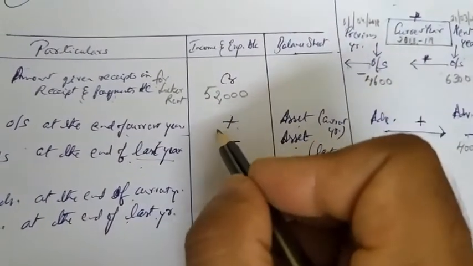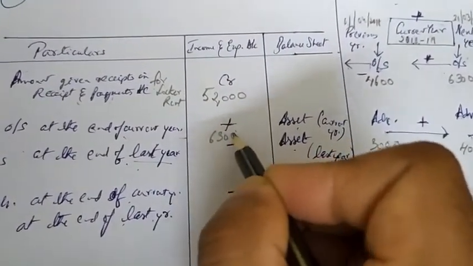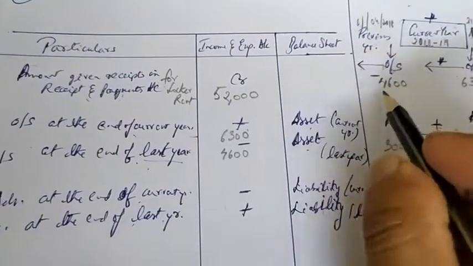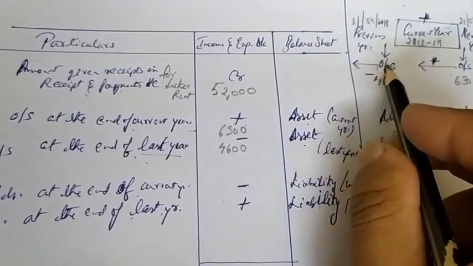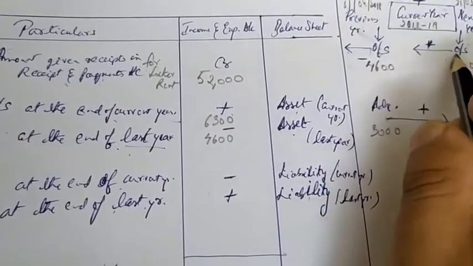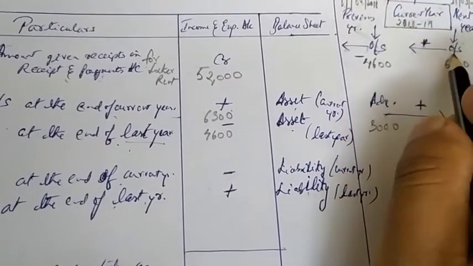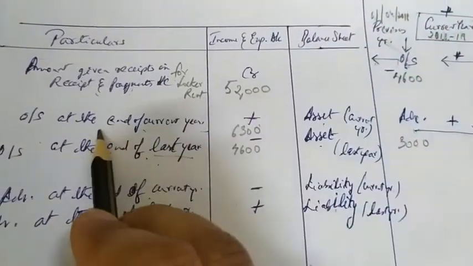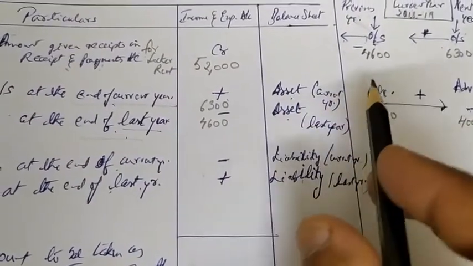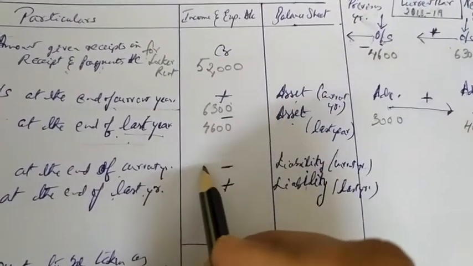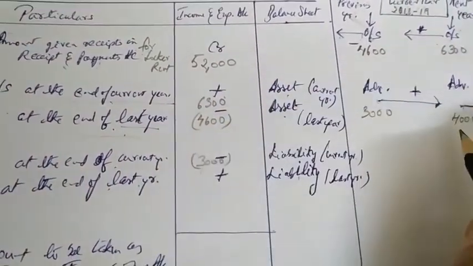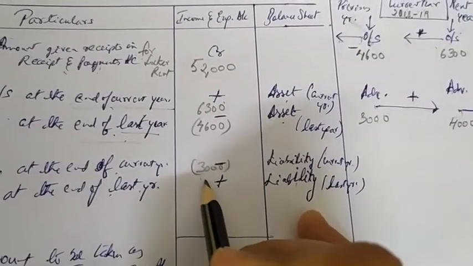Outstanding at the end of the current year 6,300, outstanding at the end of the previous year 4,600. And for advance, the one at the end of the previous year is to be added, and the advance at the end of the current year is to be deducted.